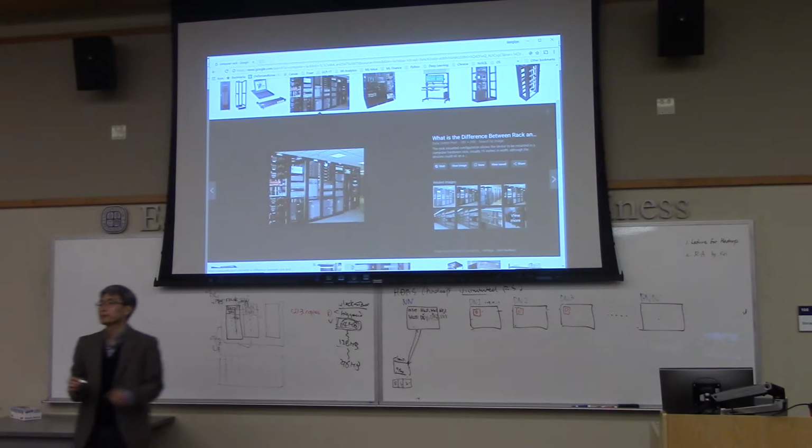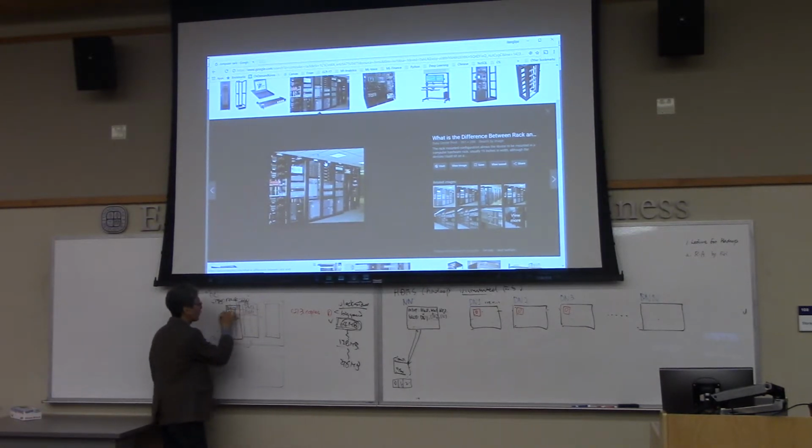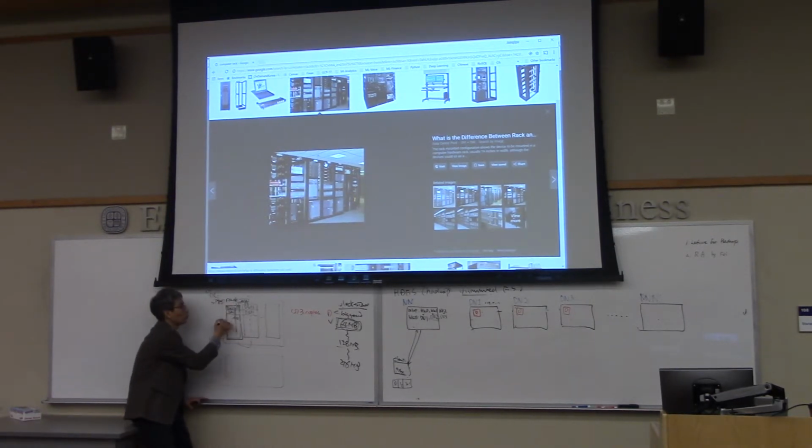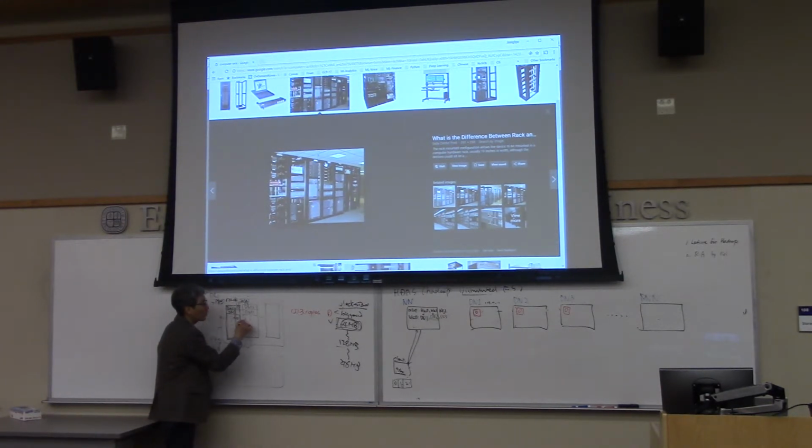At this time, when we have the default 3 replicas, 2/3 of the data node blocks are in the same rack. 2/3, which means 2 data nodes. And 1/3 of them are in a different rack.